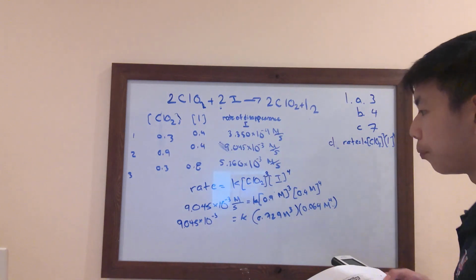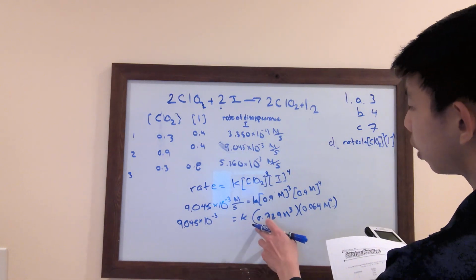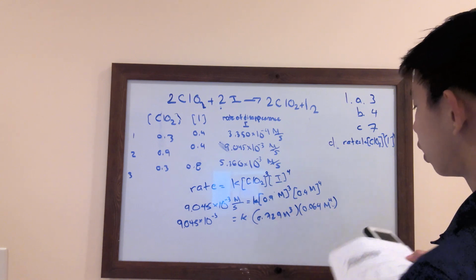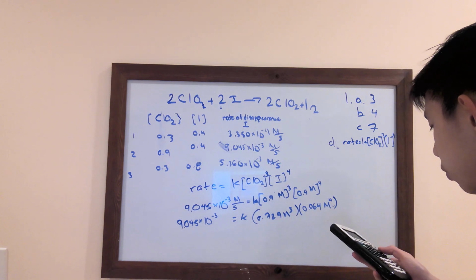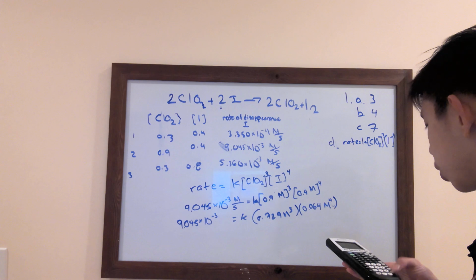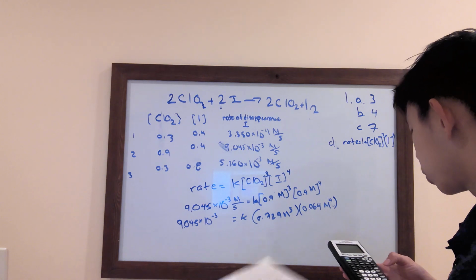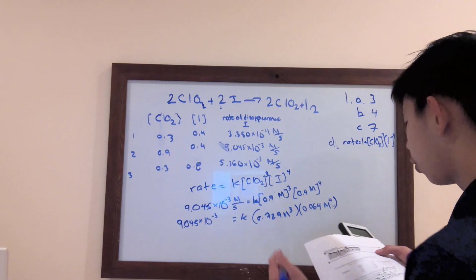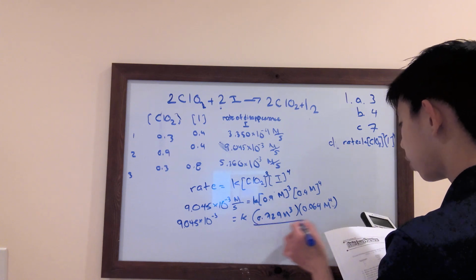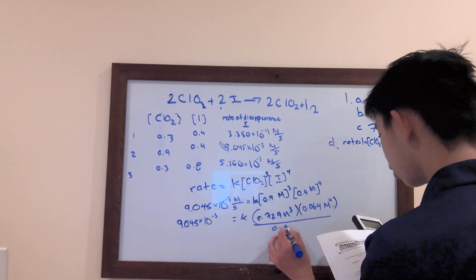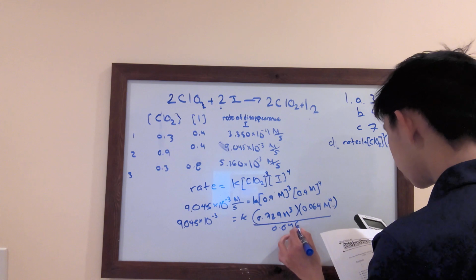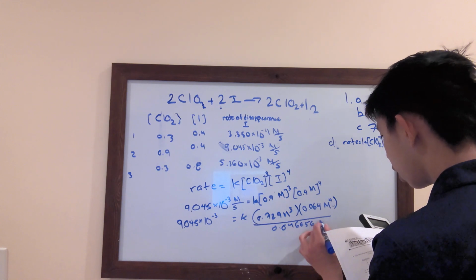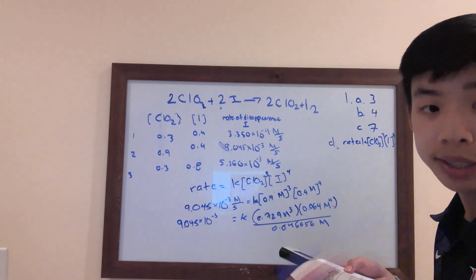Okay, so what we do is we divide both sides by this number. So 0.729 times 0.064 will give you 0.46656 M to the 7th.